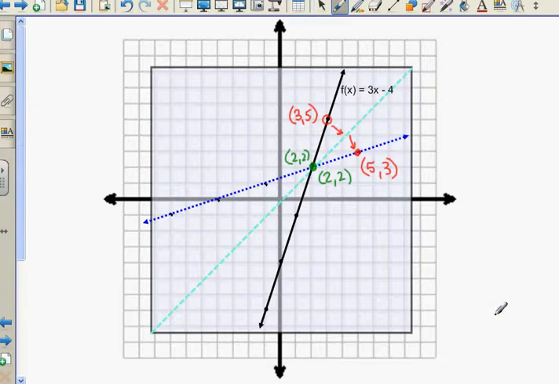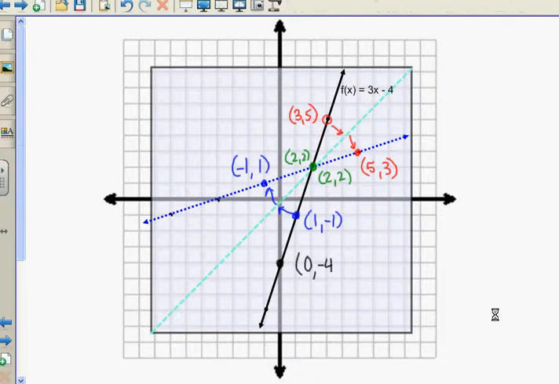This point on my original line was 1, negative 1. Looking across the mirror, the resulting point is negative 1, 1. This point was 0, negative 4, our start point for our line. Across the mirror, it has become negative 4, 0.